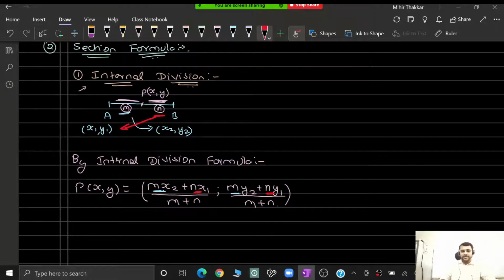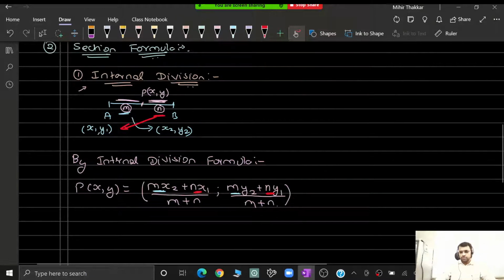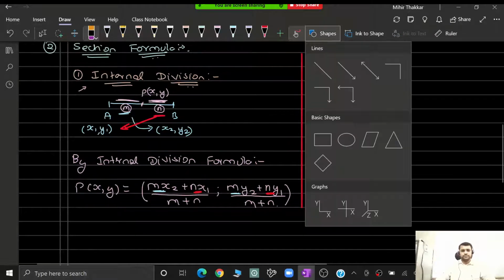So the formula is very easy: (mx2 plus nx1) upon (m plus n), (my2 plus ny1) upon (m plus n). Exactly the same formula goes for the external division also, only there is a very small change. Let us understand what the change is over here now. Chalo.